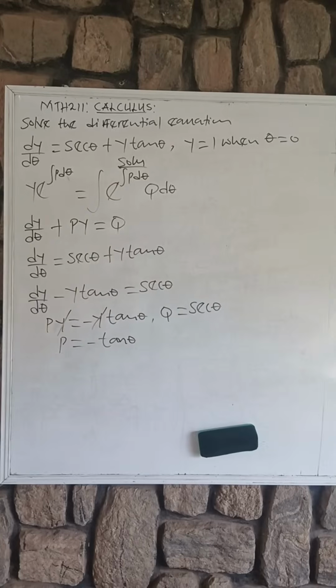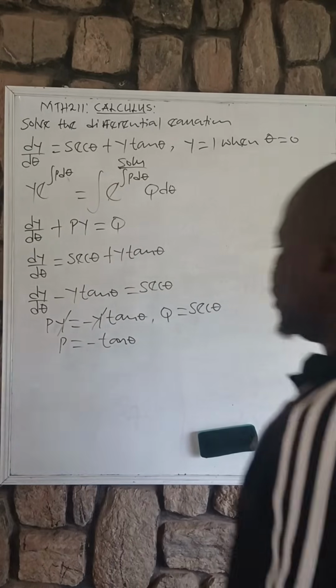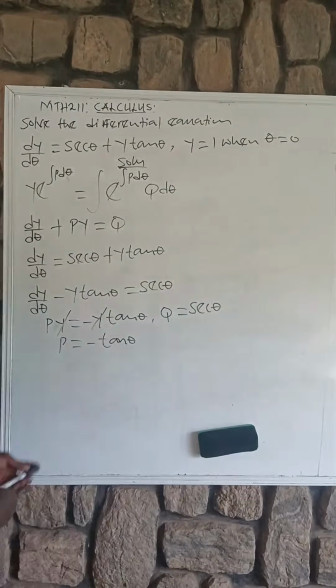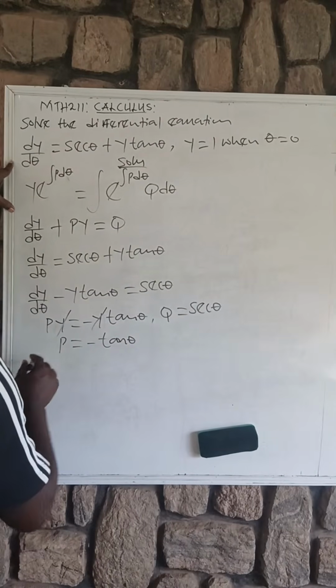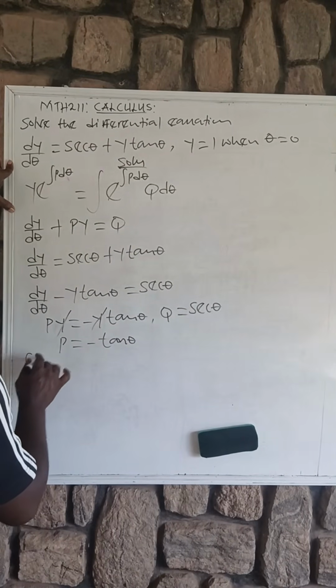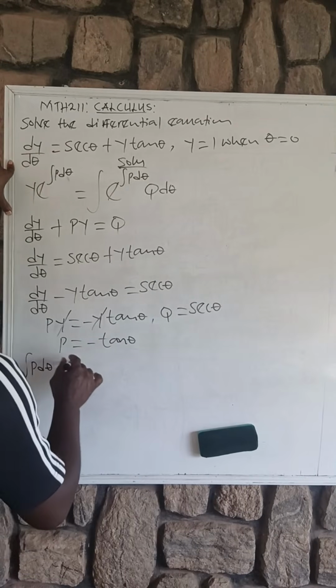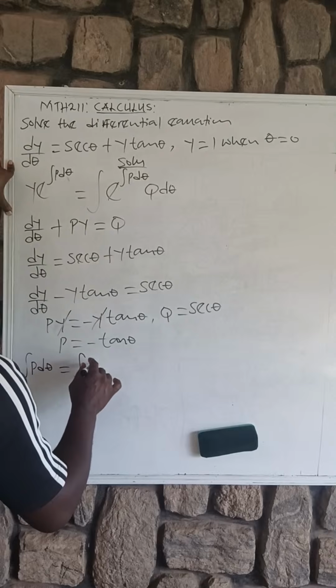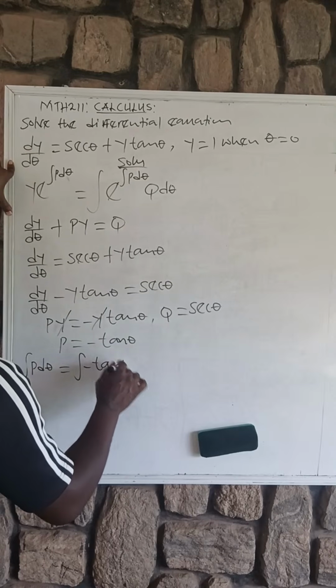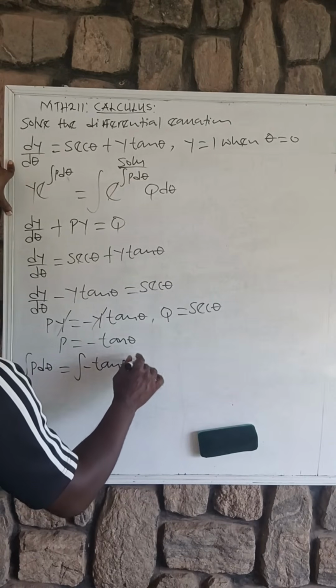Okay. So far, so good. What we need to do is, let's recall this. Integral P d theta is equal to integral minus tan theta d theta. True or false?